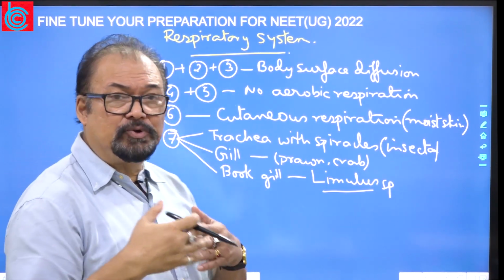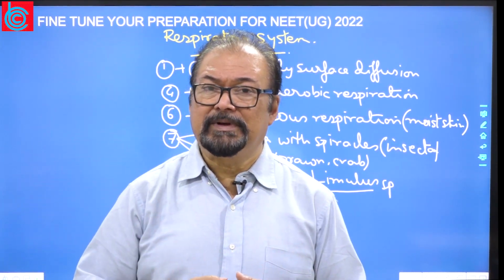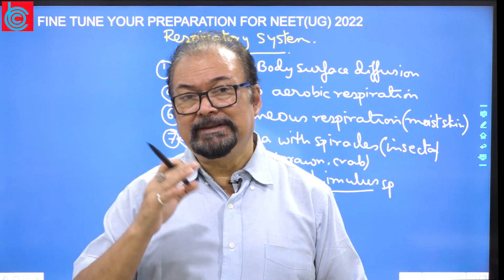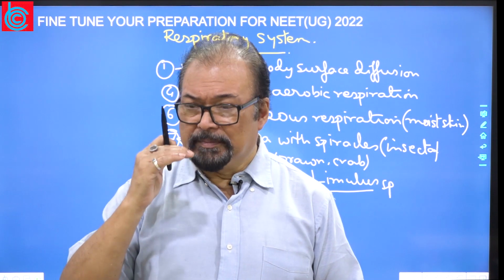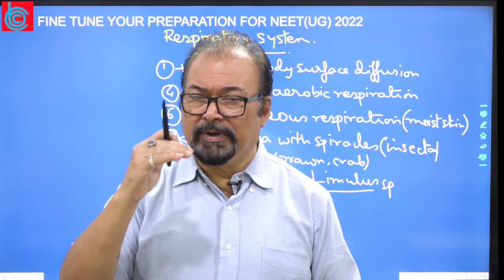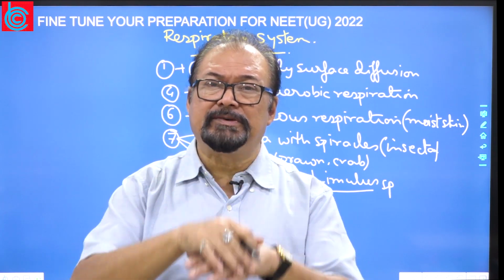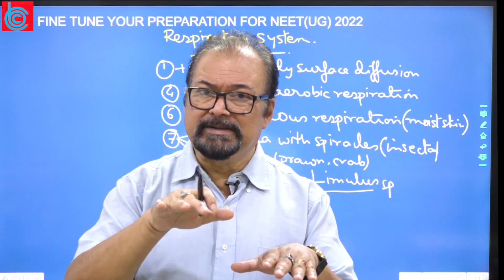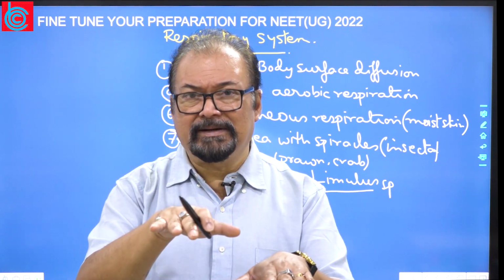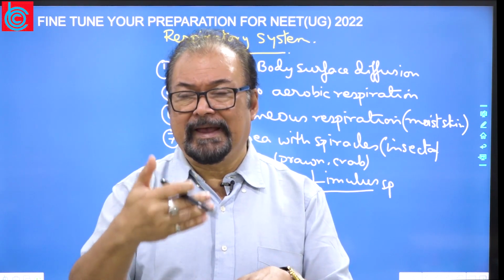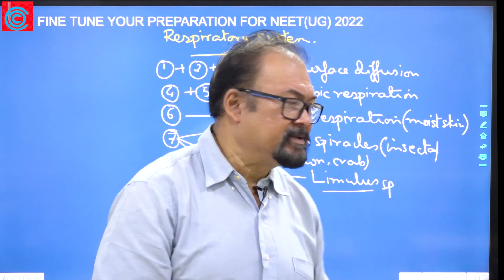You studied in the evolution part that Limulus is an example of a living fossil. In these animals the book gills are present. The gills are arranged like the pages of a book, for diffusion of gas between the water and the gill surface.